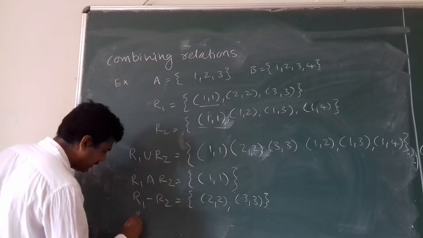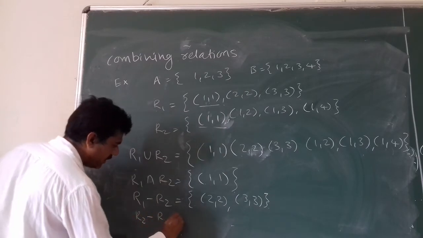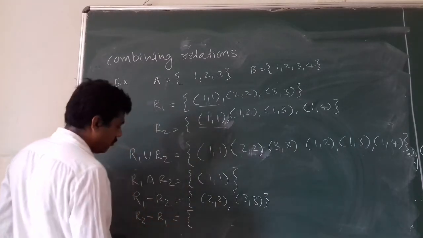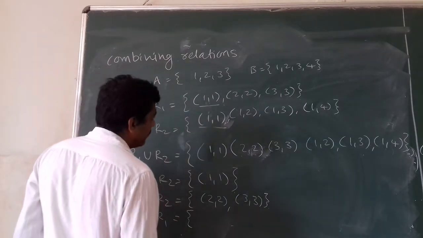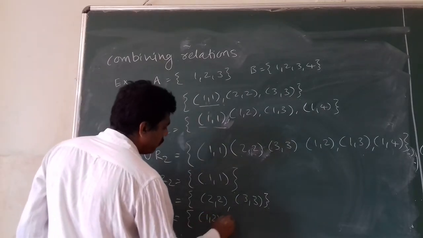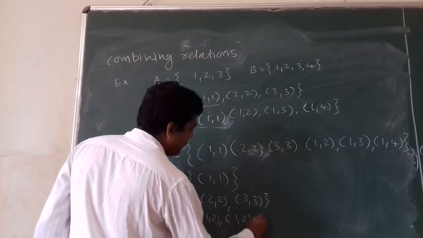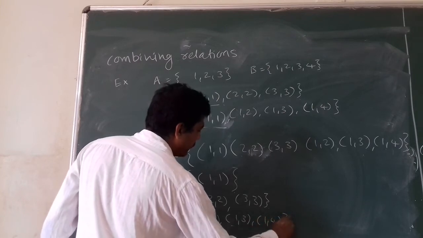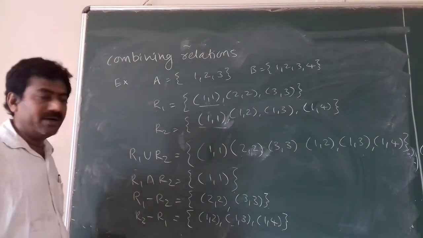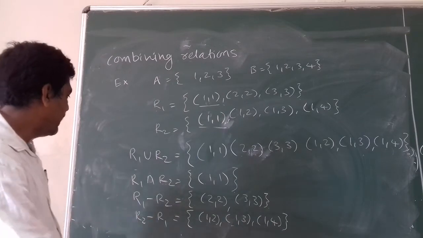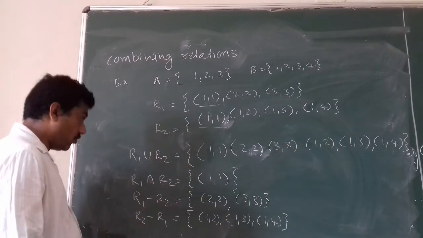Next operation, R2 minus R1, will be (1,2), (1,3) and (1,4). There will be 3 elements. So this is combining the relations with the set operations.